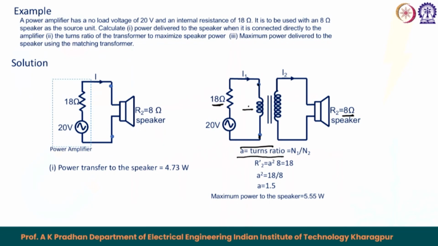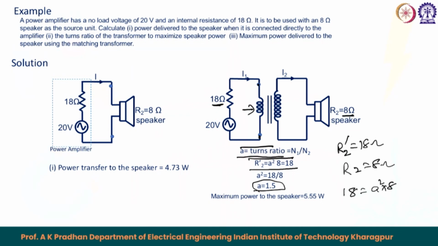From the primary, we should see R 2 dash equal to 18 ohm, but R 2 equals 8 ohm. Therefore, R 2 dash equals A square into 8 equals 18. This results in A equals 1.5, which equals N 1 by N 2.